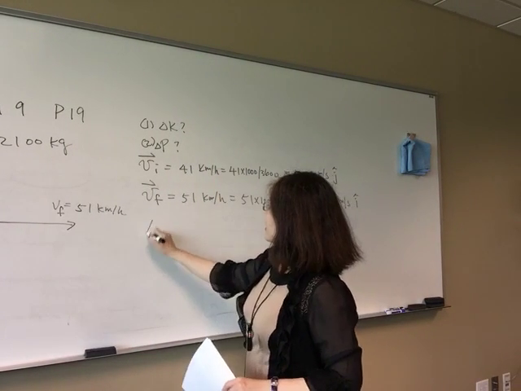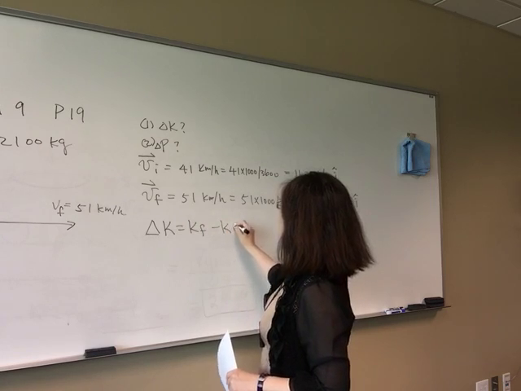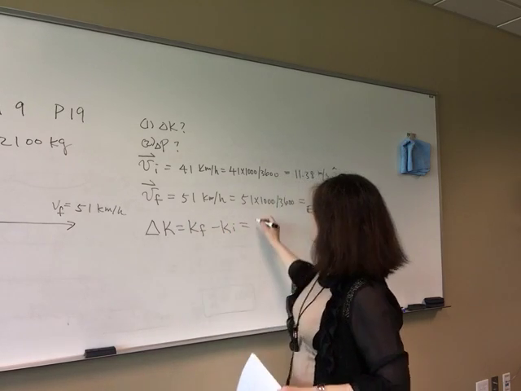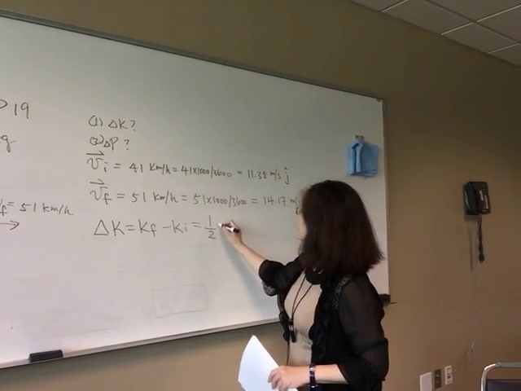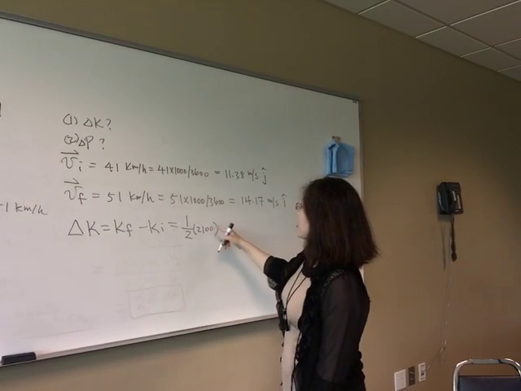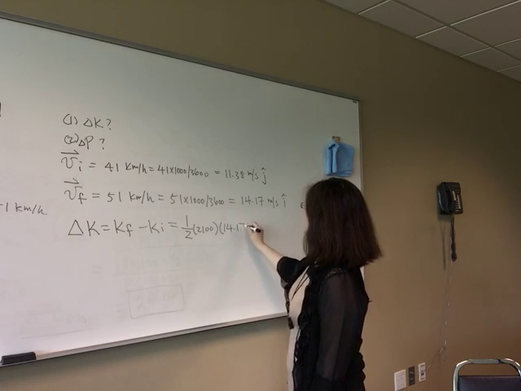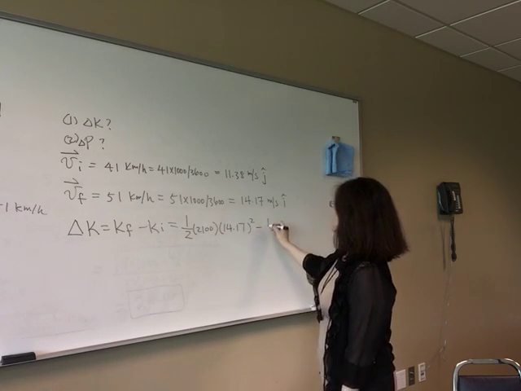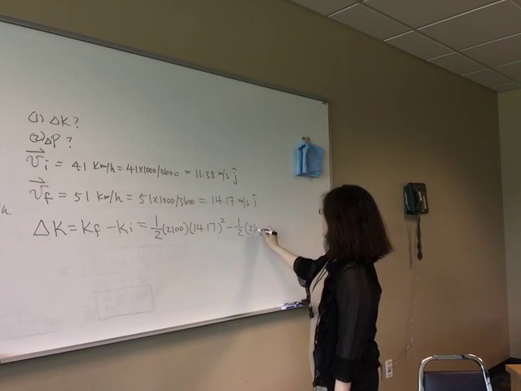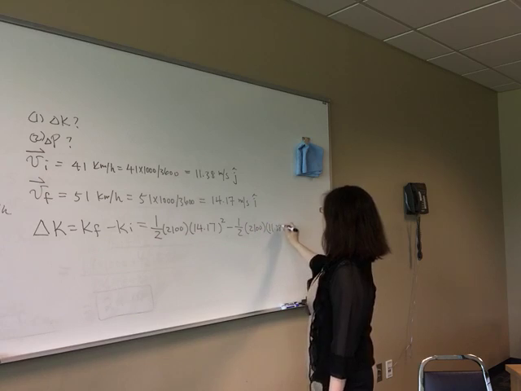So let's do that. Delta K should be equal to Kf minus Ki, and your Kf is just 1/2 mass of the system, 2100, times the velocity. So VF has this magnitude, 14.17 squared, minus 1/2 times 2100 times the initial velocity, 11.38 squared.